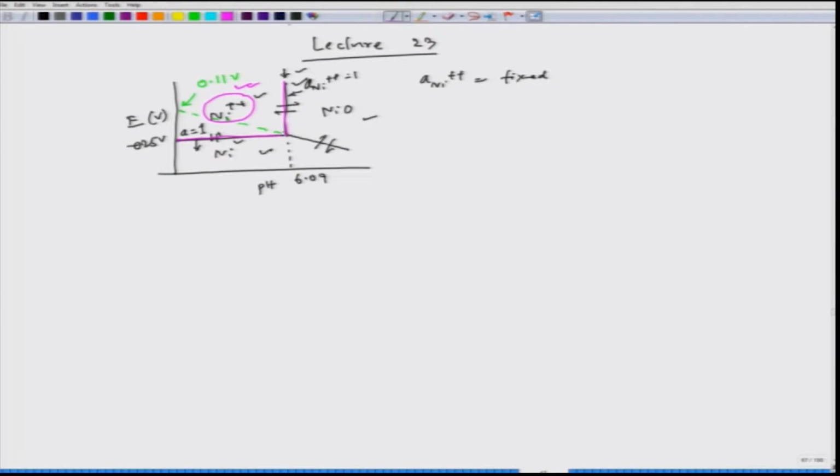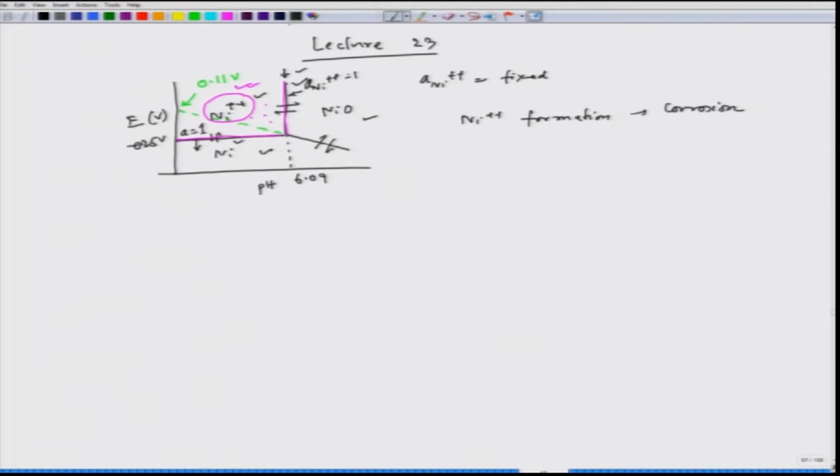At any coordinate there, we get Ni plus plus, and Ni plus plus formation is nothing but corrosion. That means if we get ions of that particular metal, then it is actually dissolving in the solution, water based solution, because it is containing H2O, and that means corrosion.